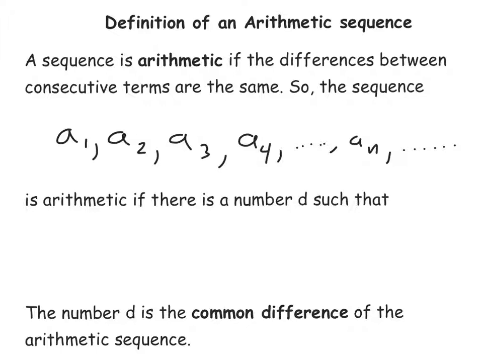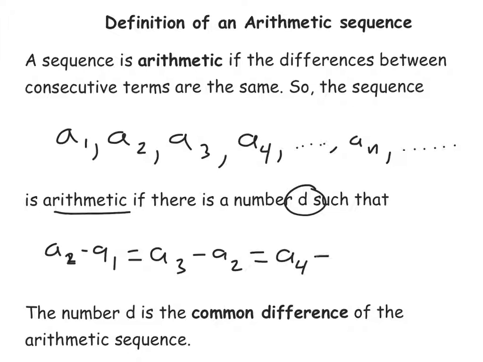All right, to be arithmetic, we have to have a number d such that this is true. If we were to take any 2 consecutive terms, like the second minus the first, that needs to be the same if we subtracted the third minus the second.